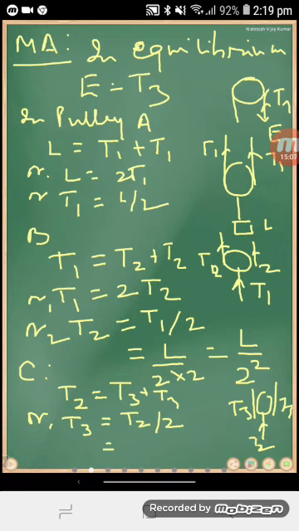And we have already seen T2 is equal to L by 2 to the power 2. So L by 2 to the power 2 into 2. This will be equal to L by 2 to the power 3.